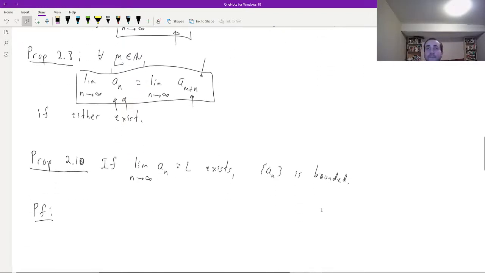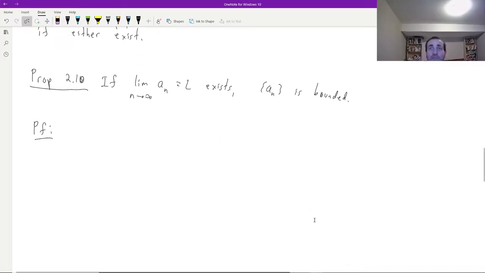All right, great. The next utility proposition is the following. If the limit exists, that is, if the sequence actually converges to some number L, that is, it doesn't diverge to plus or minus infinity, then in fact the sequence is bounded. So how do we prove something along these lines?